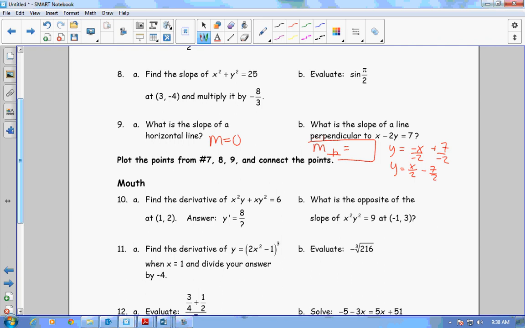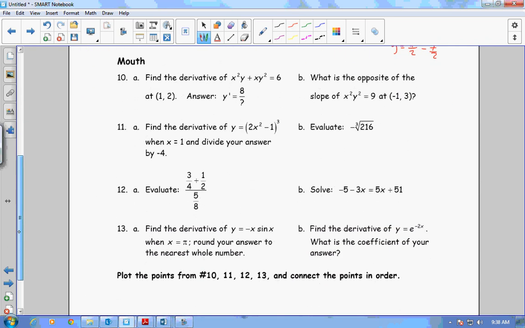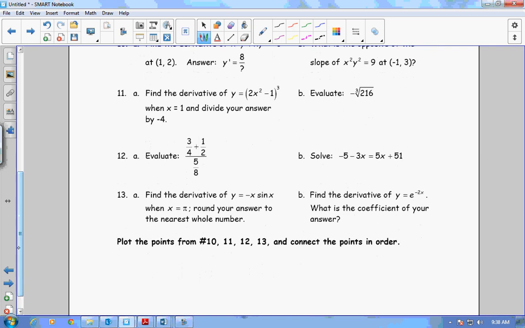Normal would be negative 2. So 0, 2. Okay, and then you just plot those in order.